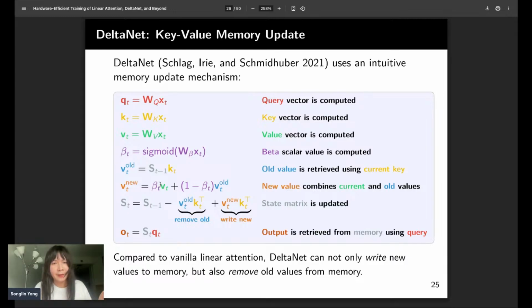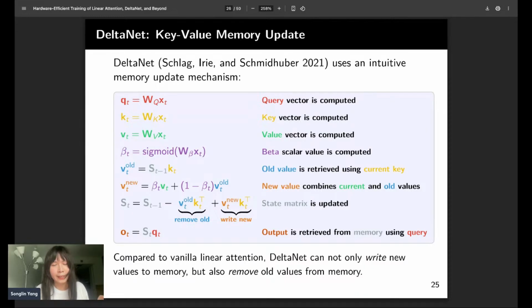Delta Net has a memory management mechanism where the final input is computed by the weighted sum of the new input and the old value. This old value is computed in this way: we use the input key to retrieve the associated value from the recurrent memory.